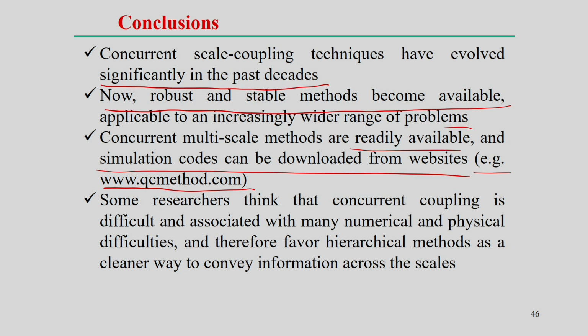And some researchers think that concurrent coupling is difficult and associated with many numerical and physical difficulties to implement. Therefore, they favor hierarchical methods as a cleaner way to convey information across the scales. So these are the typical conclusions for the development of the multi-scale model.